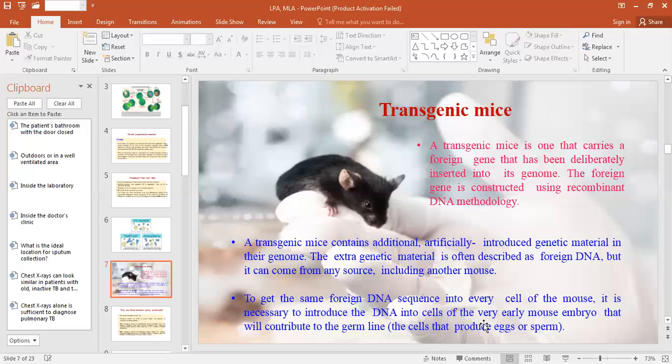For example, in hemophilia A, the crucial gene codes for a protein known as factor 8, which is needed for blood clotting. To get some foreign gene sequence into every cell of the mouse, it is necessary to introduce the DNA into cells of a very early mouse embryo that will contribute to the germline, meaning the cells that produce eggs or sperm.